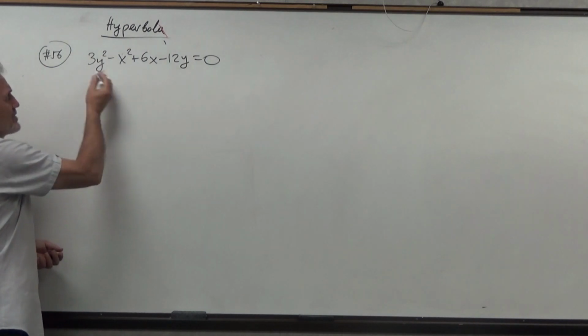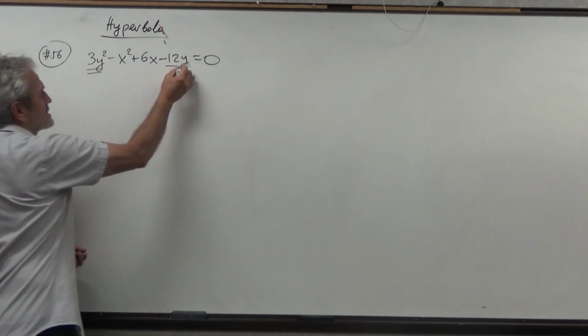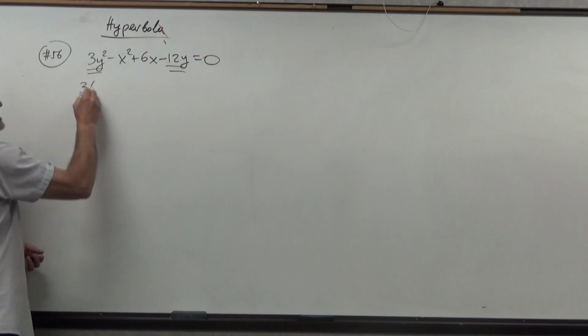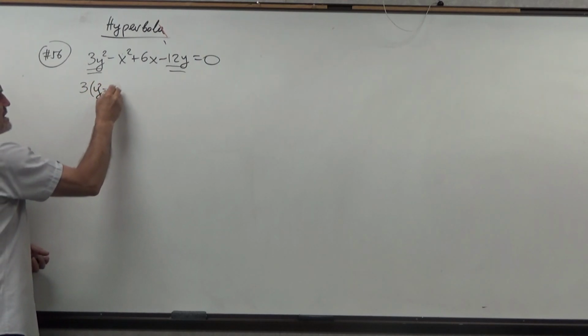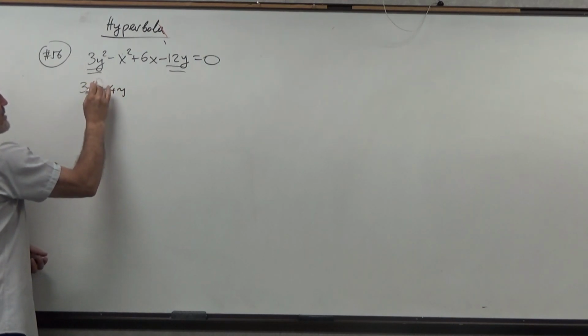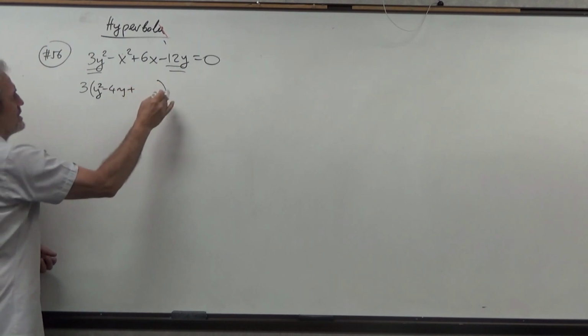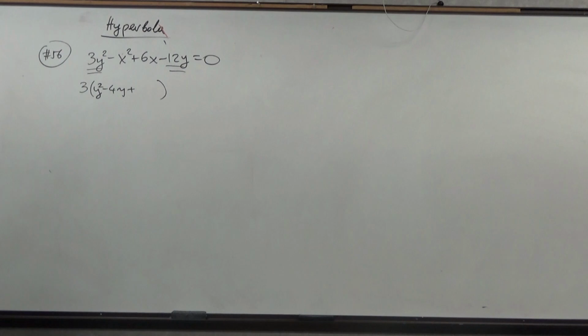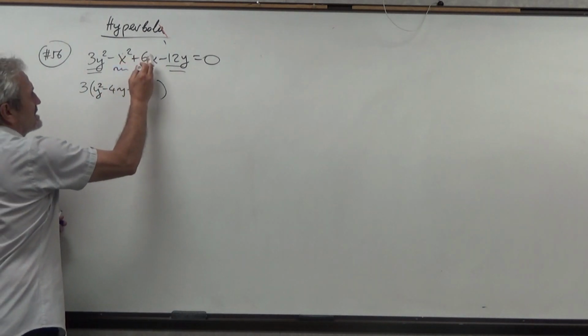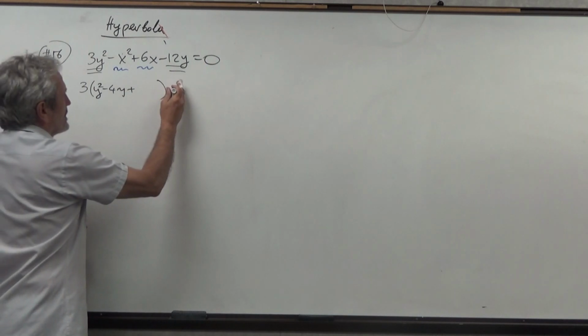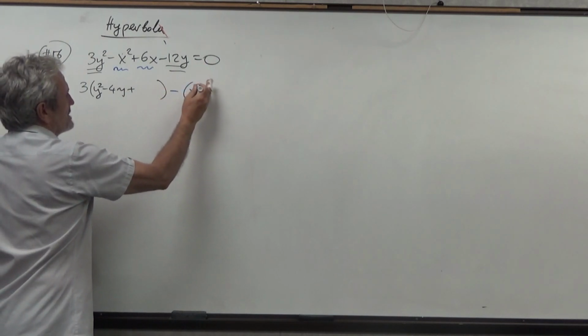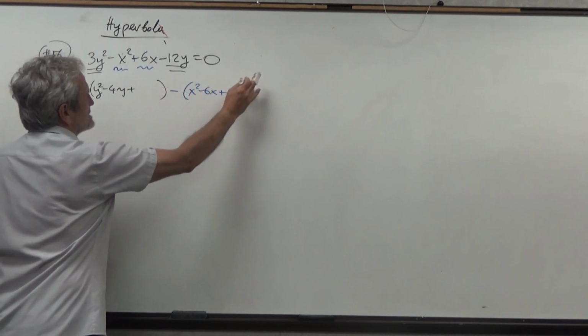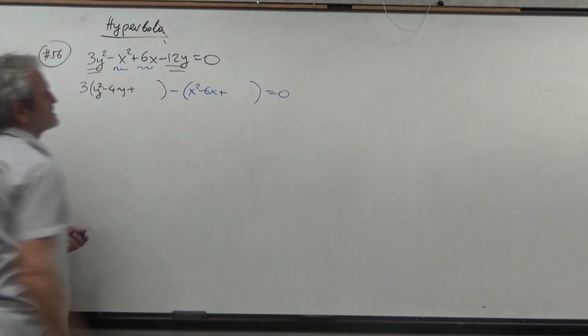I'm not sure if it's horizontal or vertical, it depends on how we complete the squares. So I pull out 3 here: y squared minus 4y, plus, we'll see what. And then the x squared part is a little trickier because it starts with a minus. So I pull out that minus, and we have x squared minus 6x here. It's 0.